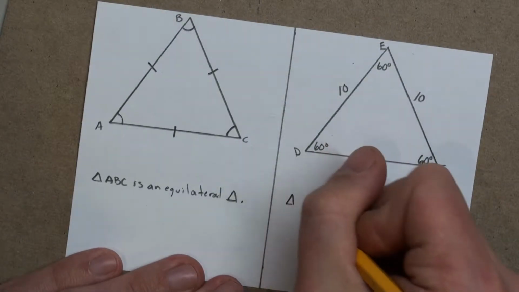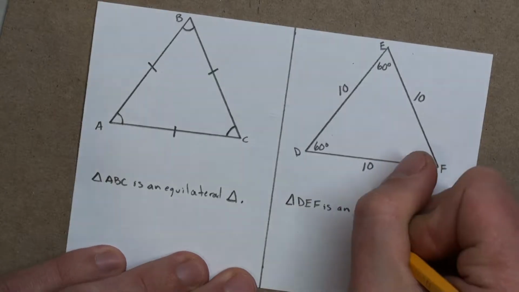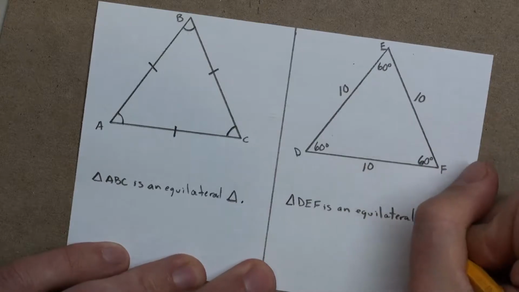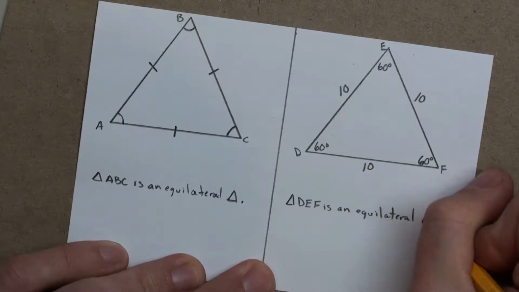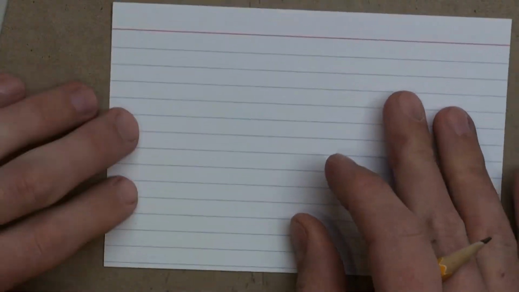So triangle DEF is an equilateral triangle. Alright, that was card 71. Card 72.